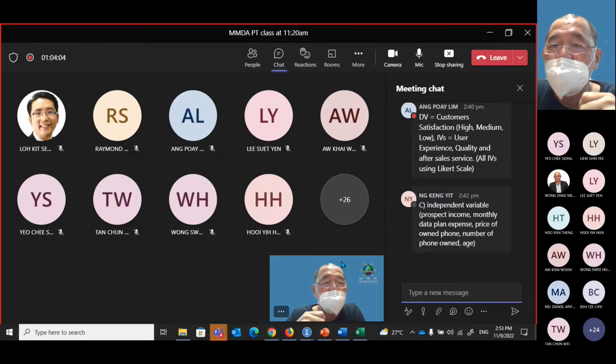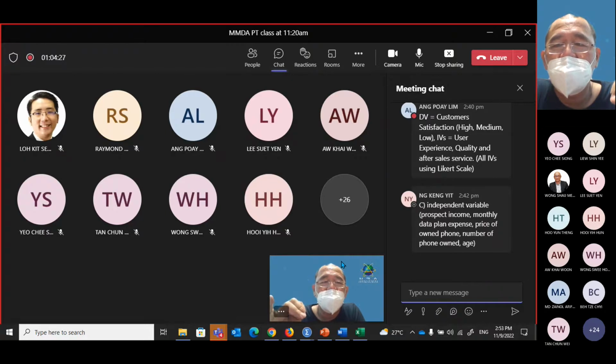Independent: prospect income, monthly data plan expense, second price of handphone, number of phones, and age. Okay, good.